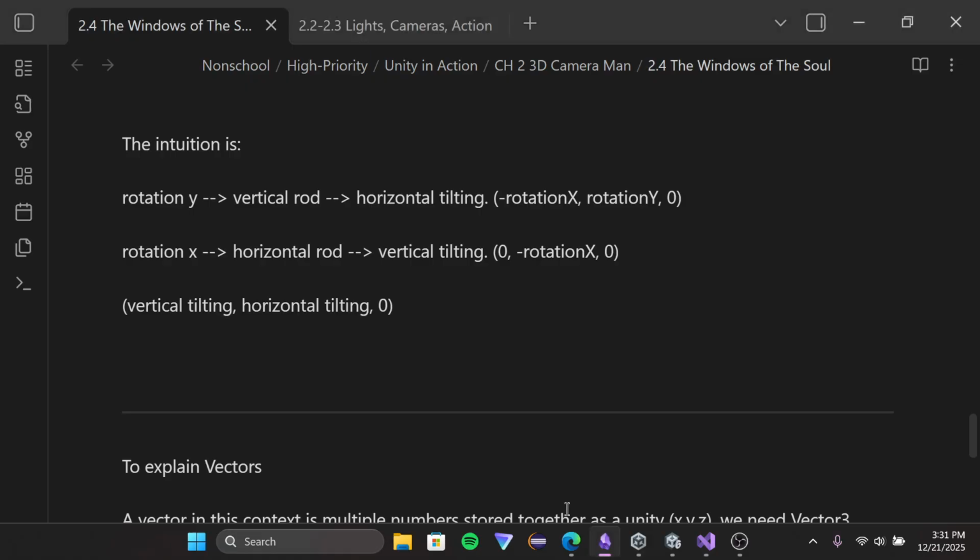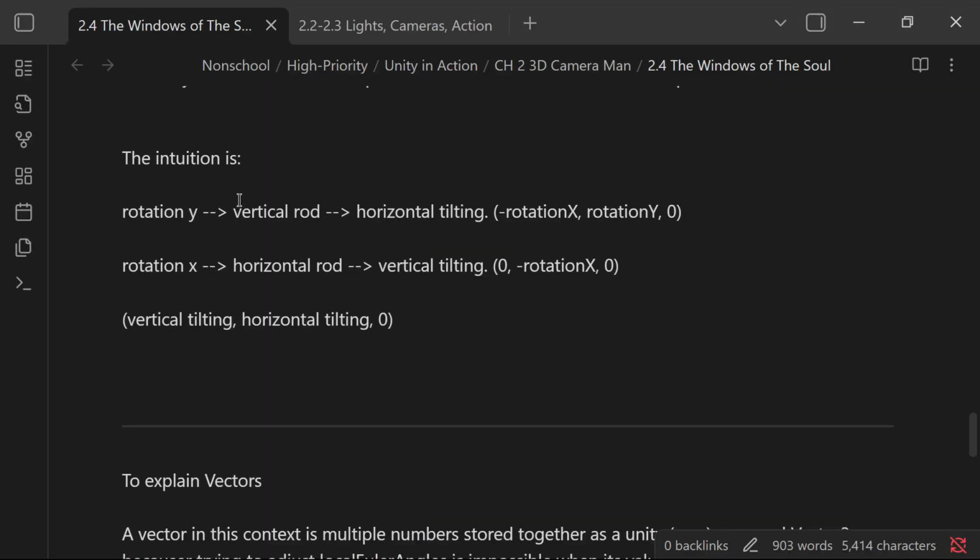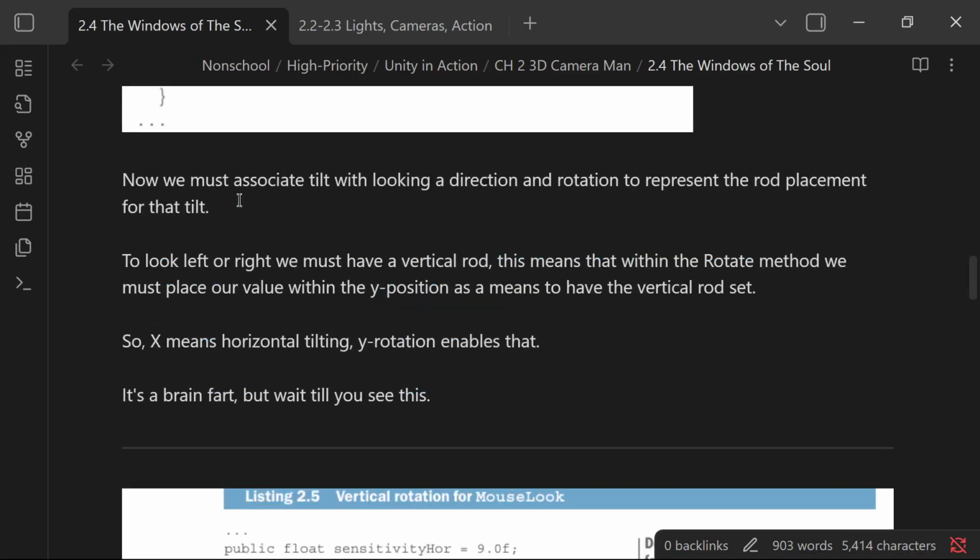So to give a rundown, because it might feel unintuitive, like the concepts of rotation and actually looking at an angle, we can use this right here. So a Y rotation is using a type of directional rotation along a vertical rod. Now, that doesn't really mean anything if you can't understand what that means.